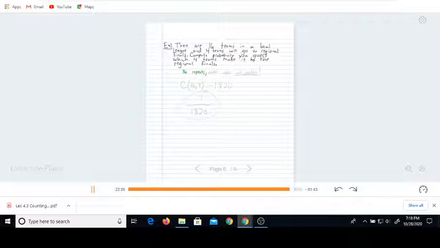So that just leaves permutations or combinations. You have to ask yourself, does the order you pick the teams matter? If I say the Patriots and the Eagles are going to the finals, is that different from saying the Eagles and the Patriots are going to the finals? Does the order that I choose them matter? Well, no, it doesn't. If I tell you the Patriots and the Eagles are going to the Super Bowl, that's the same thing as saying the Eagles and the Patriots are going to the Super Bowl.